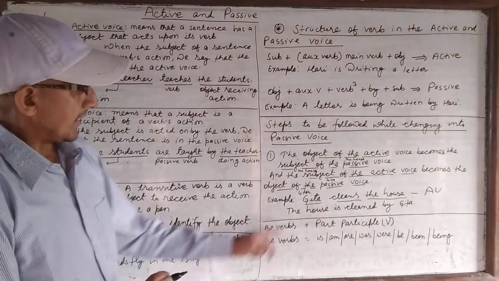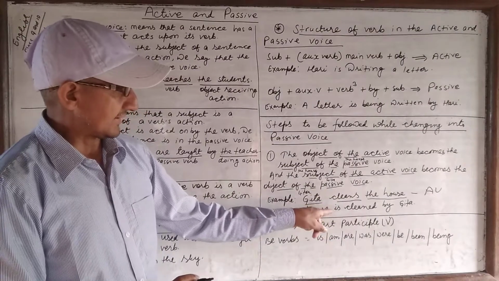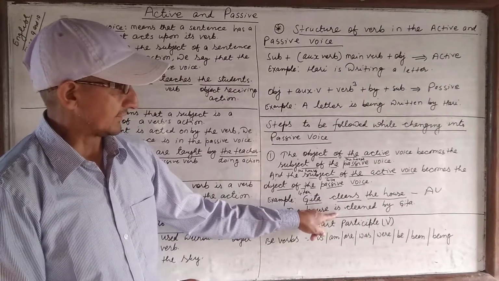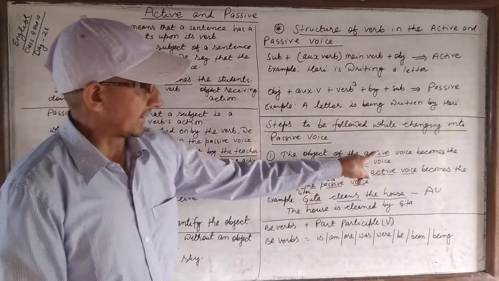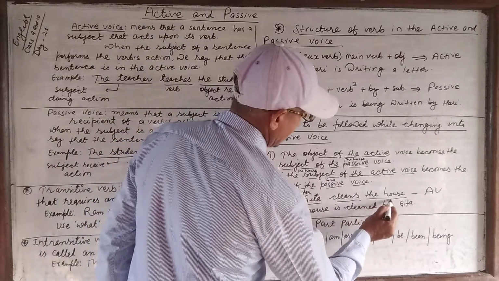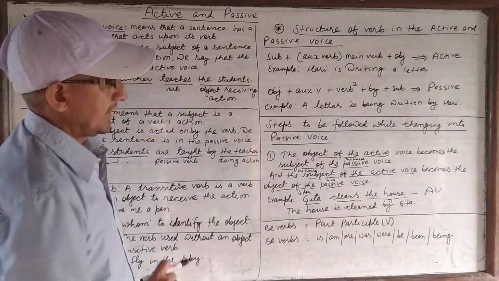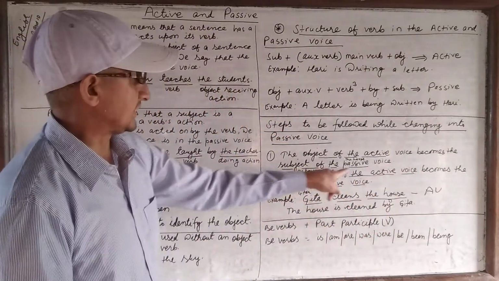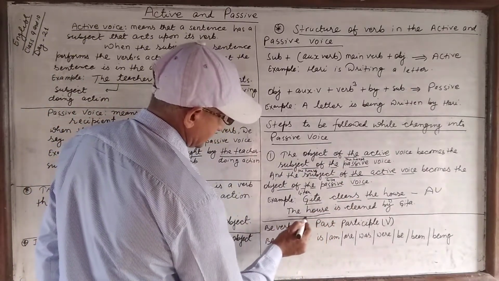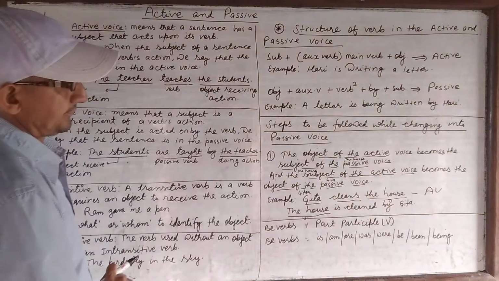While changing this sentence into passive, the object of the active voice, the house, becomes the subject of the passive voice. And the subject of the active voice, Gita, becomes the object of the passive voice. In this way, this is the first step. The object of the active voice is the house and it becomes the subject of the passive voice.